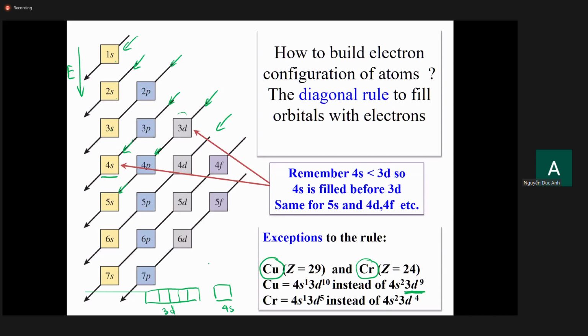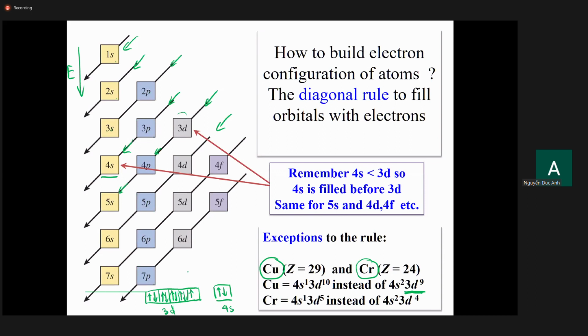So here we have the 4s, which will be filled with 2 electrons first, because 4s has lower energy than 3d, and the other 9 electrons go here. Oh, sorry, let's write it the right way. And they lack 1 electron in the last position.